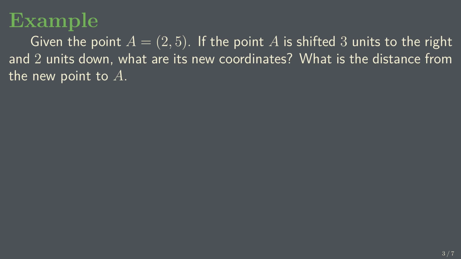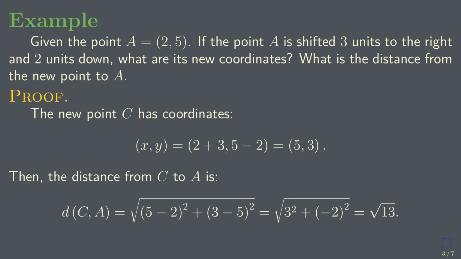For example, given the point A with coordinates (2, 5), suppose we shift A 3 units to the right and 2 units down. We need to find the coordinates of the new point and the distance from this new point to A. Because we shift A 3 units to the right, we add 3 units to the x coordinate, and because we shift A 2 units down, we take away 2 units from the y coordinate, so the new point C has coordinates (5, 3).